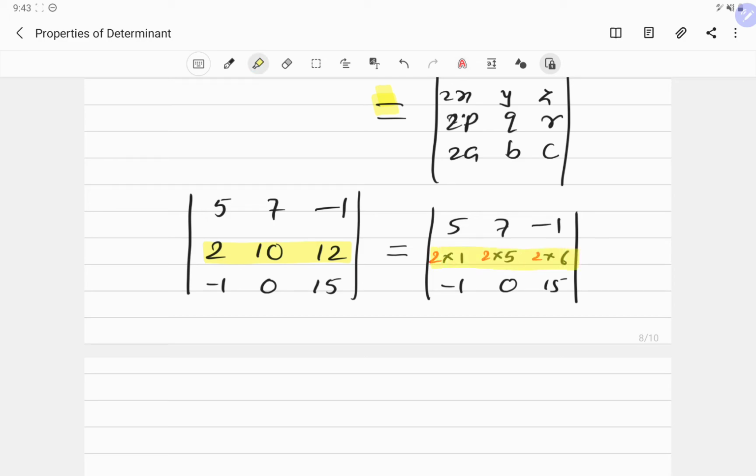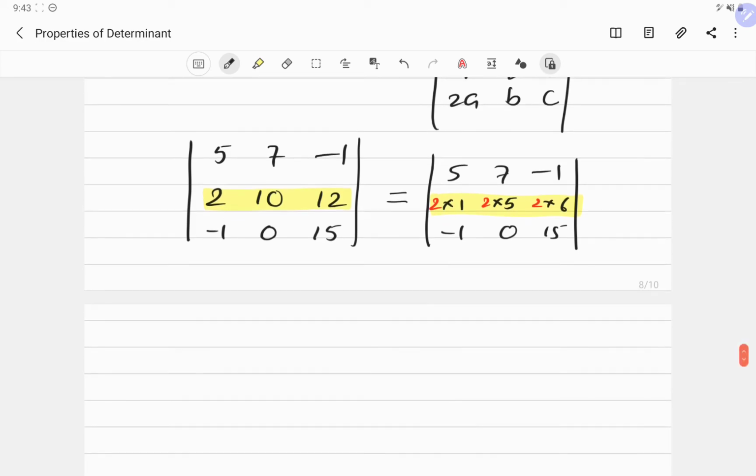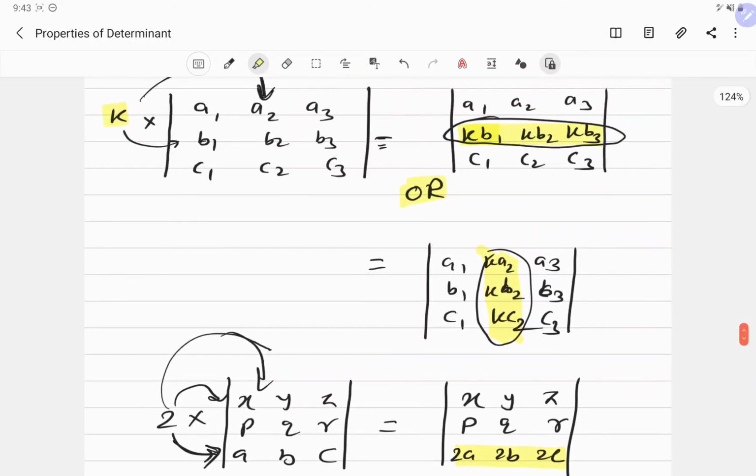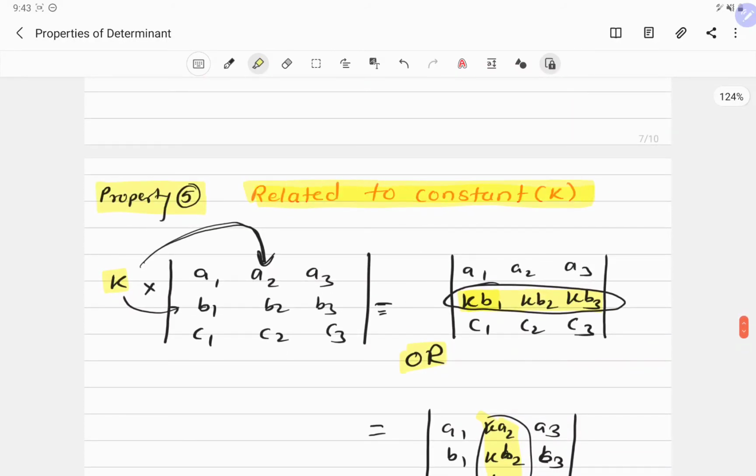That is more than sufficient to take a constant outside the determinant. Now you can take this 2 outside the determinant, and finally you can write the remaining determinant as 1, 5, 6, and minus 1, 0, 15. So please observe here, if something is common in a particular row or particular column, you can take that constant outside the determinant too. So this is all that I want to explain about the rules related to constants in the case of a determinant.